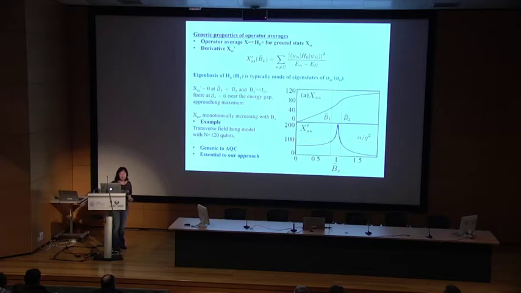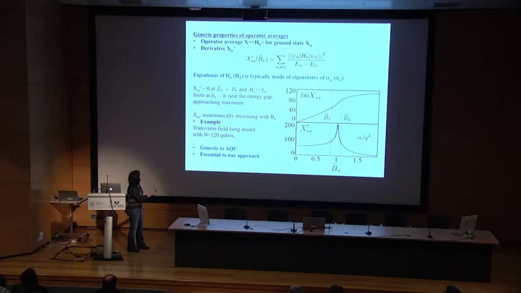Let me first tell you about one generic property of adiabatic quantum computers. I think people didn't notice this before. This is my coupling operator between the cavity and the adiabatic quantum computer. I look at the average in the ground state, and I define this as XSS.